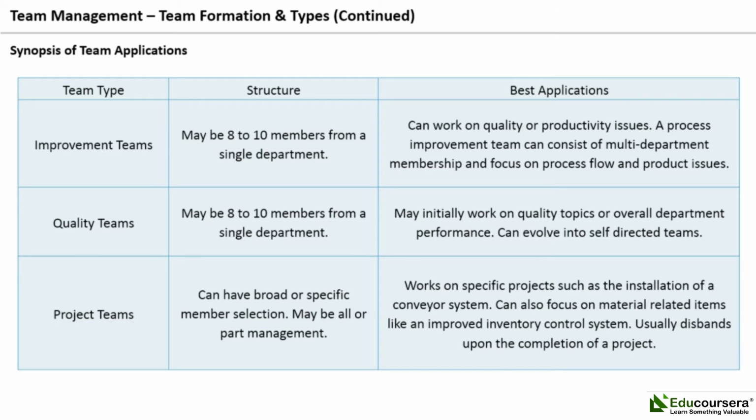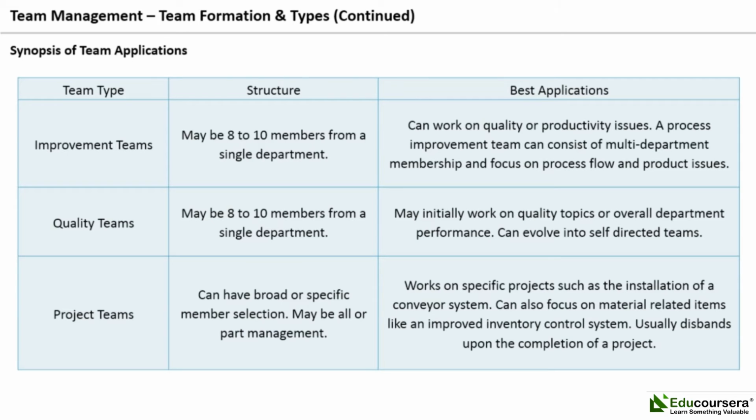Quality teams. The structure may be 8 to 10 members from a single department, and best applications include may initially work on quality topics or overall department performance. Can evolve into self-directed teams.